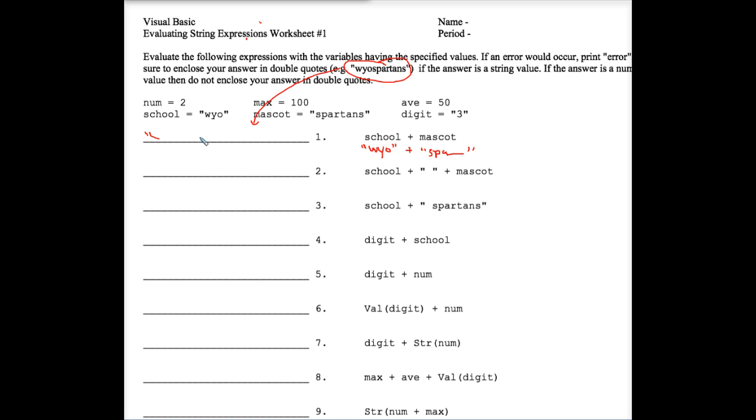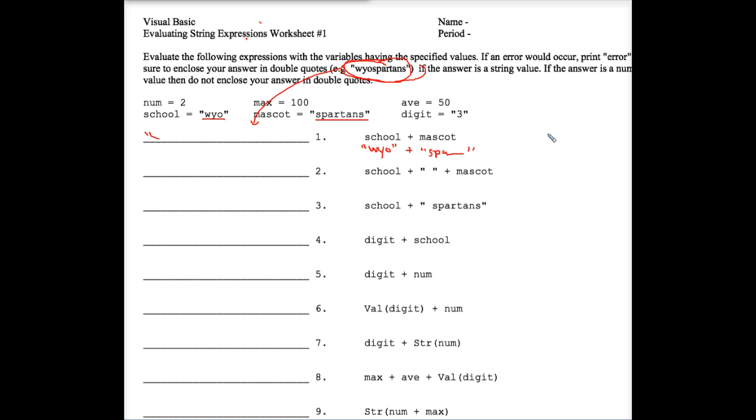So please put one big set of double quotes around YO Spartans. But notice there is no space between the word YO and Spartans because in the original values there were no embedded spaces. So it's not your job to put a space in there. It prints out as this example is given.